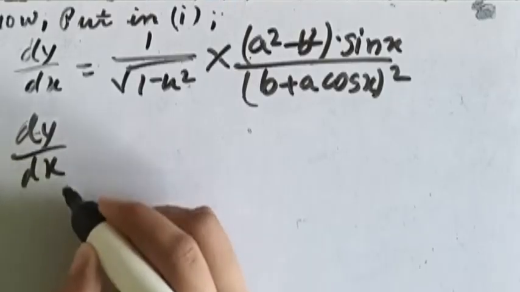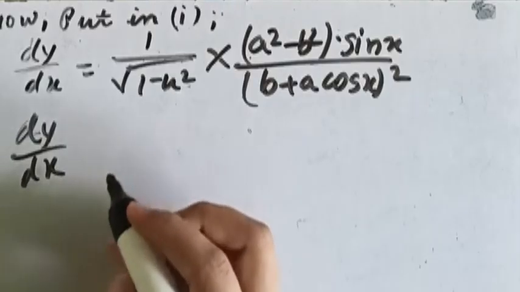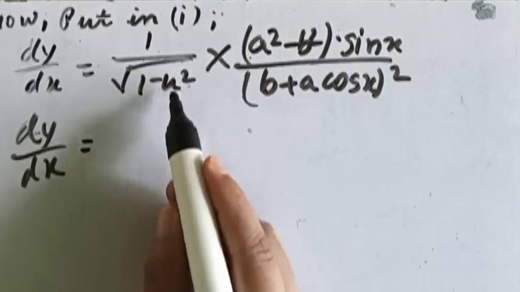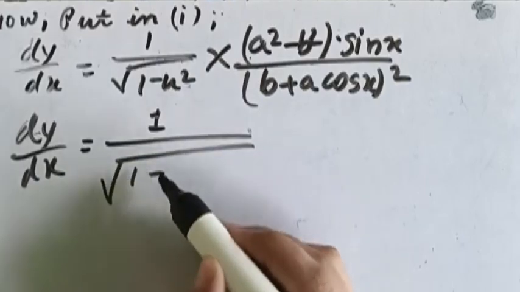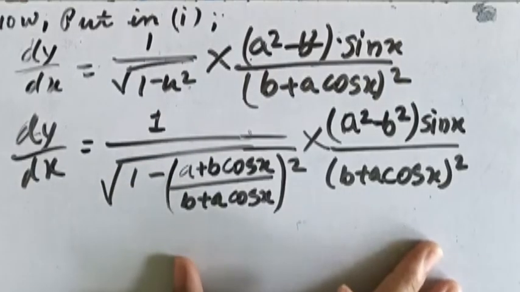Now to get dy upon dx, you have to put the value of u here. So finally it will become root under 1 minus this.